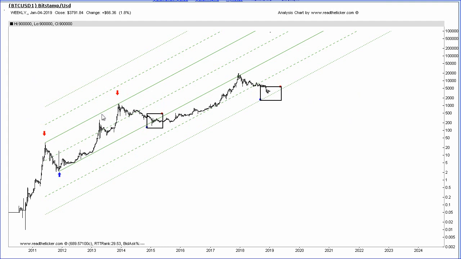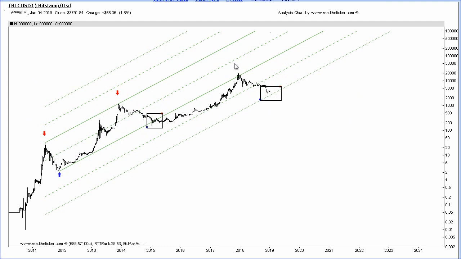Now you notice between the two solid lines the width is the same as the width from the solid line to the dotted line. So we've got speed of advance equal to the speed of advance of the rally that ended in 2018.